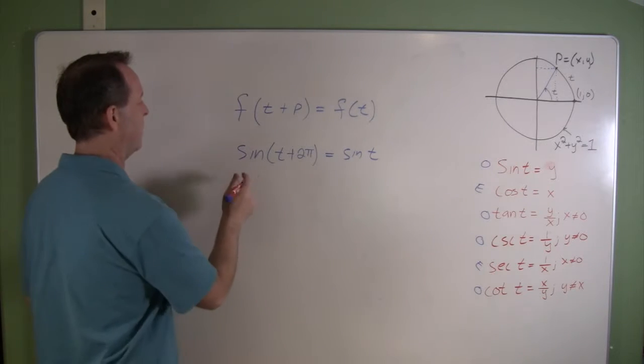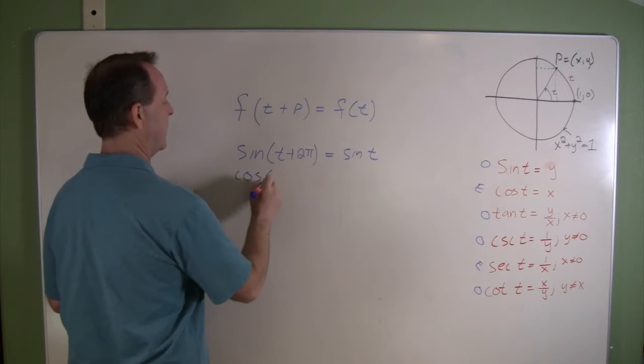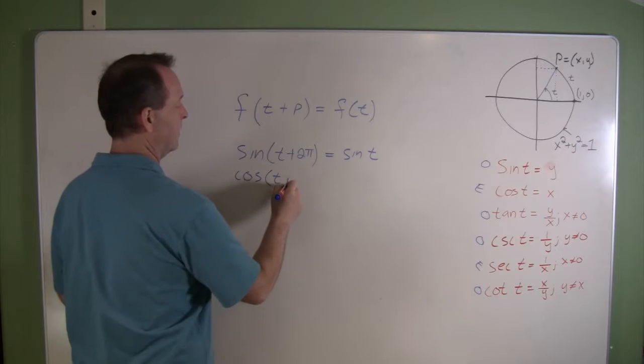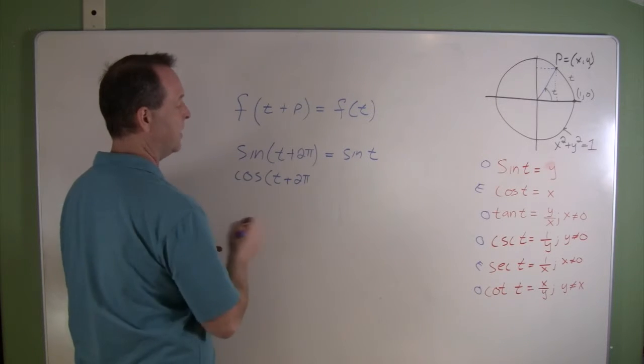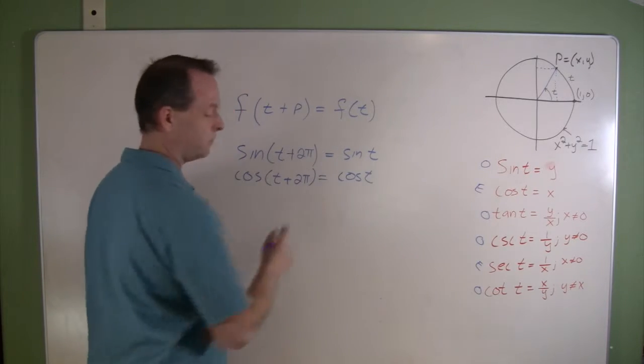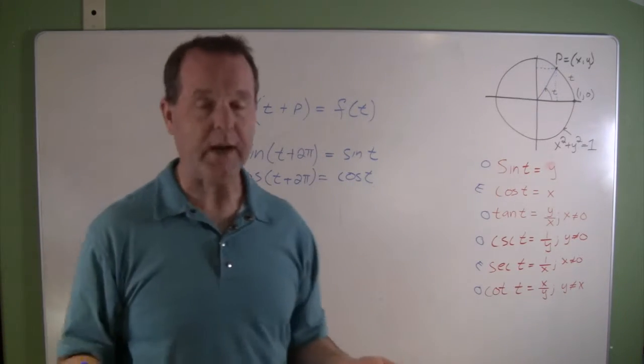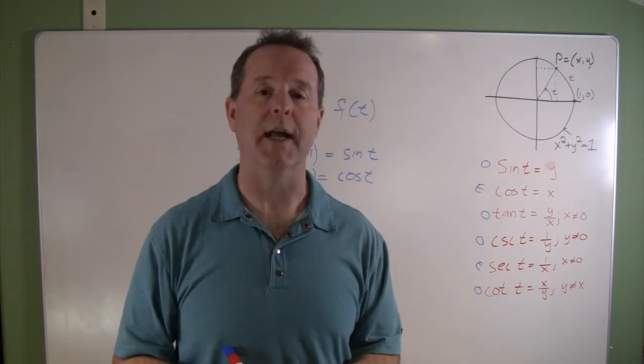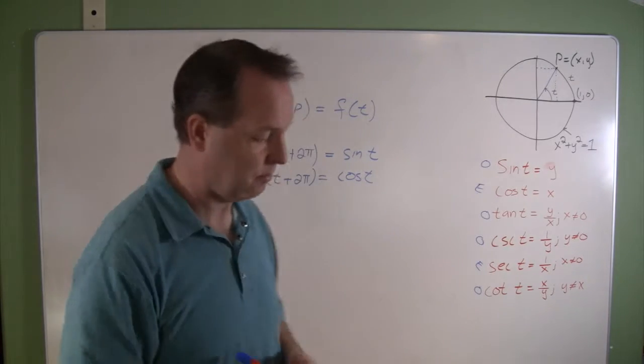And likewise, we can see that with cosine as well. The cosine of some angle t plus a full rotation around the circle will produce the same value as t. So given that, we could say that the sine and the cosine have a period of 2 pi.